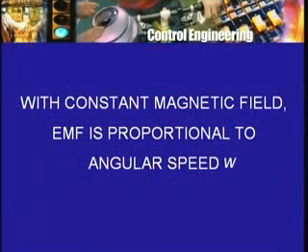Under this assumption that the field current and therefore the flux density is kept constant, the back EMF, as it is called, or the EMF produced in the armature, will be simply proportional to the angular velocity.